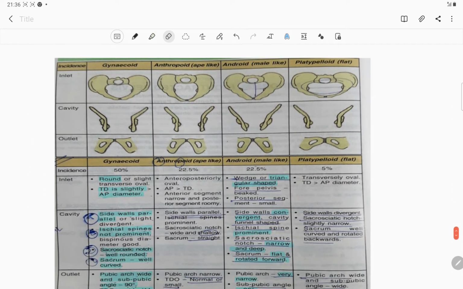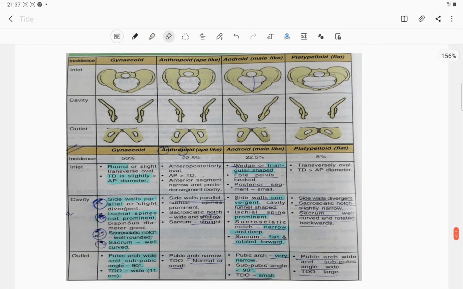Then we will discuss about different types of pelvis. I'll be discussing about gynecoid and android pelvis. Gynecoid is present in 50% of normal females. Inlet is of round shape, means transverse diameter is slightly more than AP diameter, and in cavity side walls are parallel or slightly divergent.